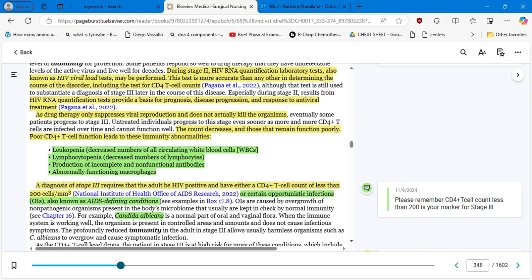Macrophages are the ones that engulf all the bad soldiers that enter our system.